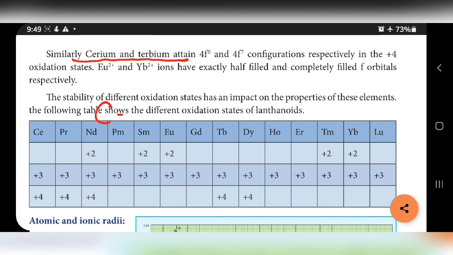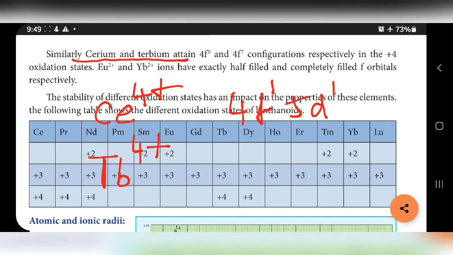Cerium has electronic configuration 4f1 5d1 6s2. 4+ means 4 electrons should be removed, and when these 4 electrons are removed you get 4f0.